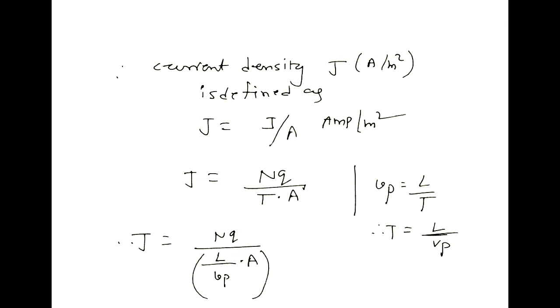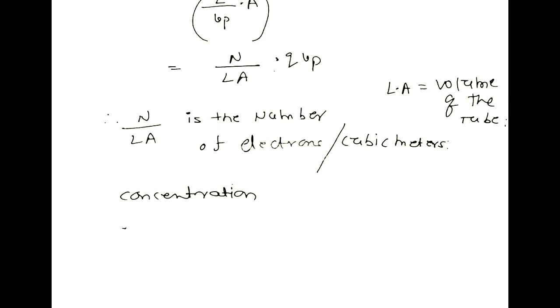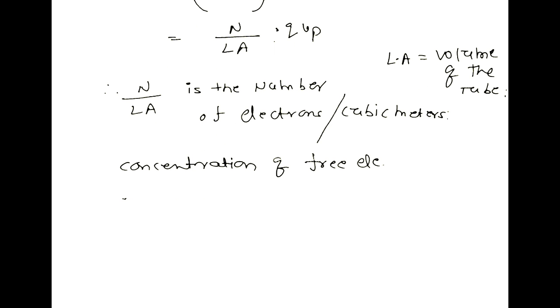Therefore, N by LA is the number of electrons per cubic meter, and it is called the concentration of free electrons, denoted by small n.